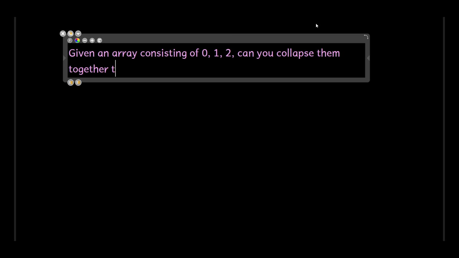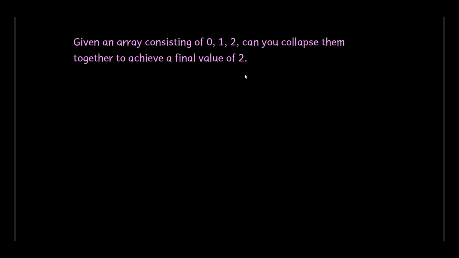That is, given an array consisting of 0, 1, 2, can you collapse them together to achieve a final value of 2? And the collapsing rule we are going to tell you right now, like what happens when two elements collapse together. Now let's say that you have this 0.